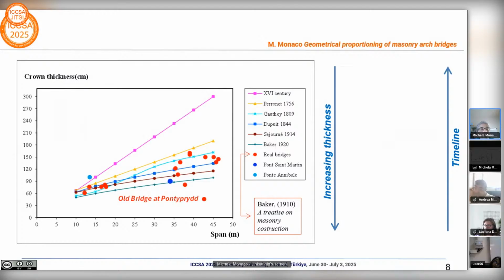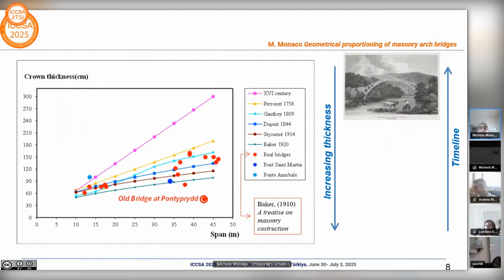The only particular case is that of the old bridge at Pontypridd in Wales, but this is only a pedestrian bridge and it has been designed as a pedestrian bridge. This one.